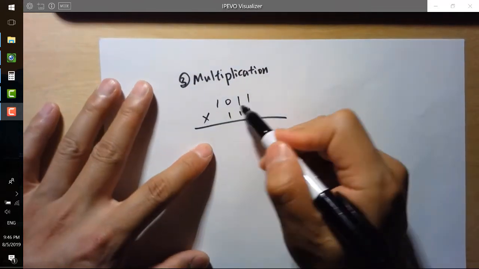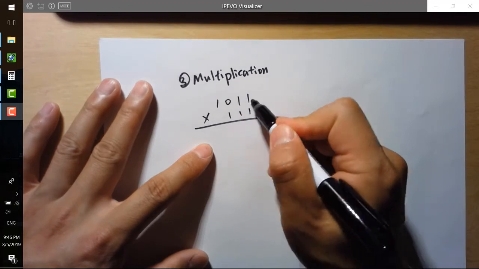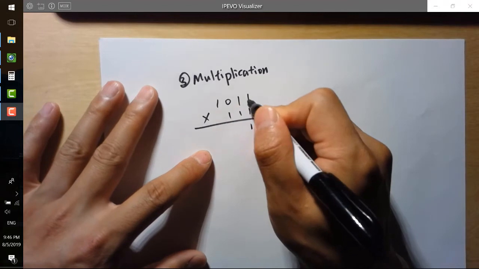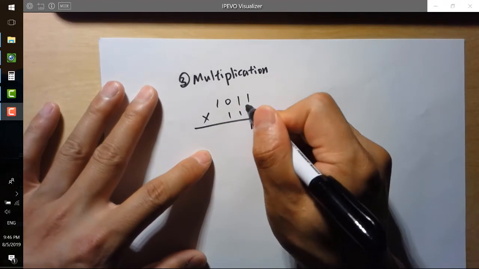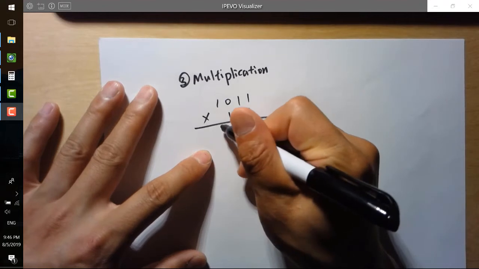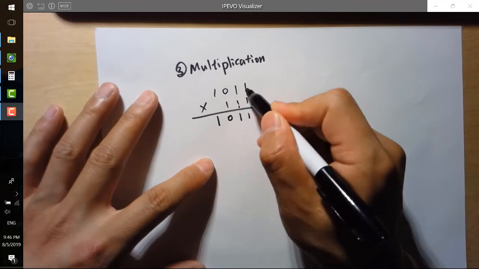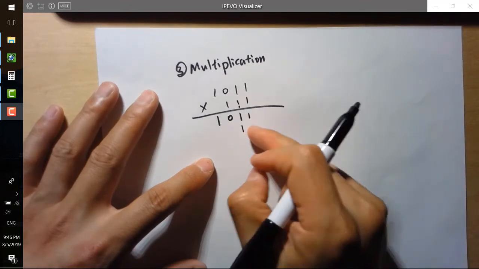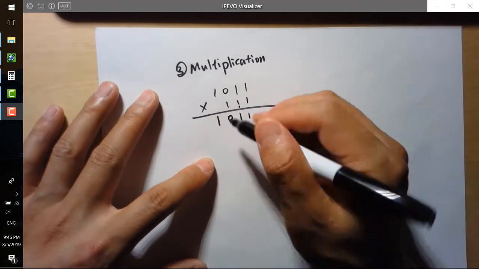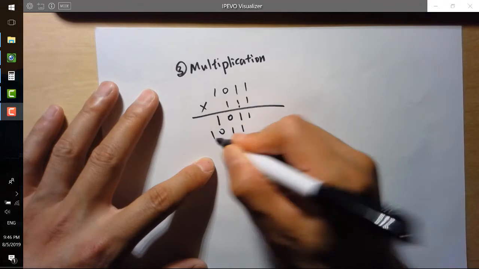So this number times this number, you use this number times all the digits and put them here. So 1 times everything is going to be 1. 1 times 1 is 1. 1 times 1 is 1. 1 times 0 is 0. 1 times 1 is 1. And then this digit, 1 times 1 is 1. Make sure you shift to the left by 1 digit, okay? So 1 times 1 is 1. So actually 1 times everything is going to be this number, right?